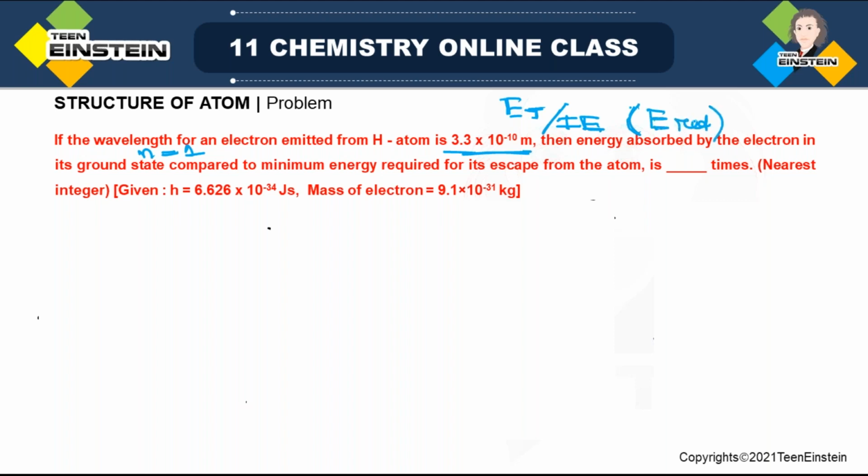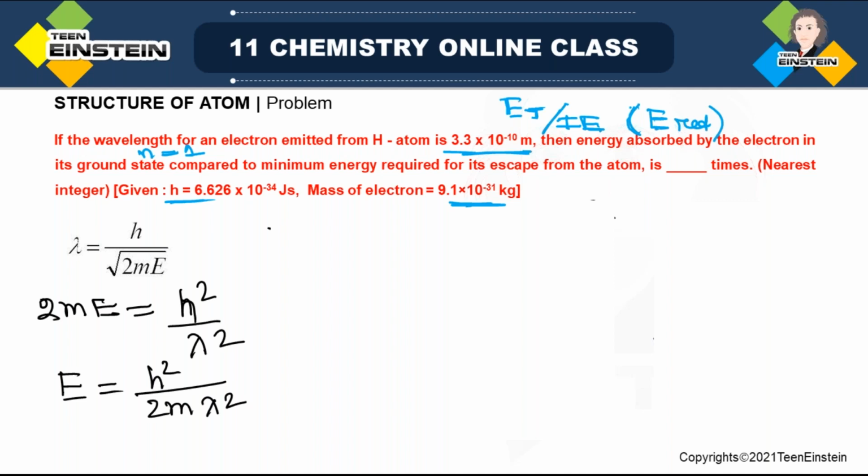So this ratio basically we need, and it will be a positive value because total energy is always greater than ionization energy. Fine. Some more information, that is Planck's constant, mass of electron, all these values are given. So we will use this.